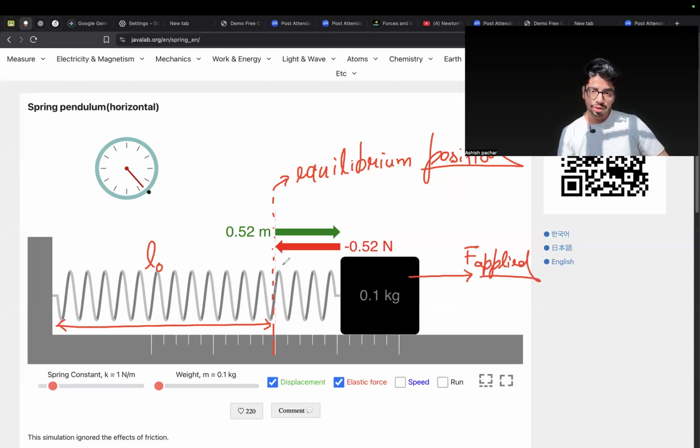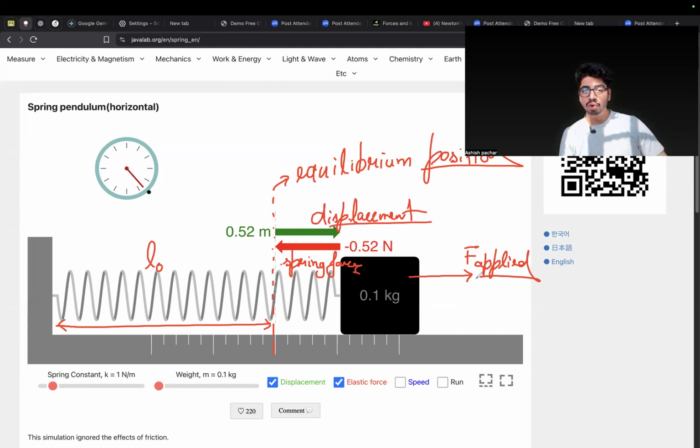And this is the spring force that is dragging it on the left side. The displacement is on the right side, where the applied force is.